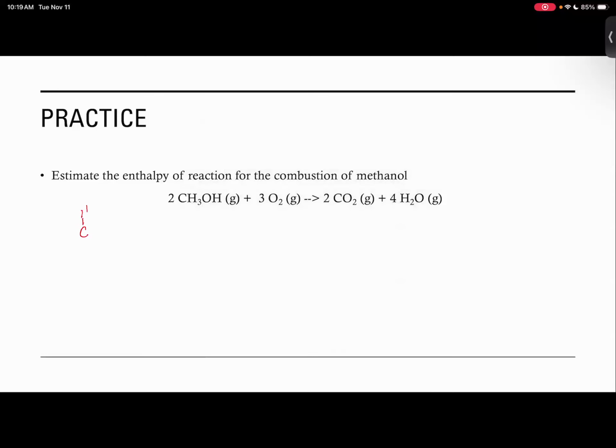Methanol has this structure, and there are 2 of them. Plus we have 3 oxygens. Oxygen is a double bond. That's going to form 2 carbon dioxides plus 4 waters.